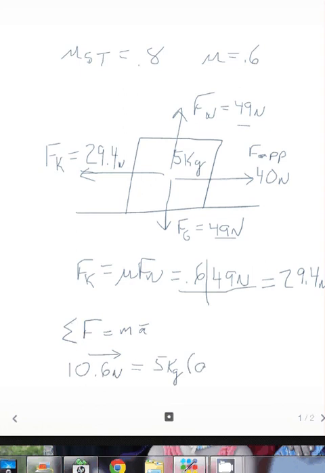times acceleration. And I'm going to do it on the next screen just to watch the units cancel out. I'm looking for an acceleration, so I'm expecting units of meters per second squared. So I have 10.6 kilogram meters per second squared divided by the mass, 5 kilograms.